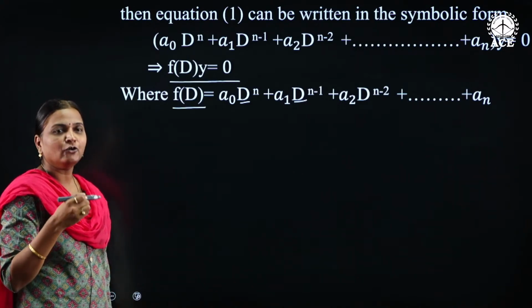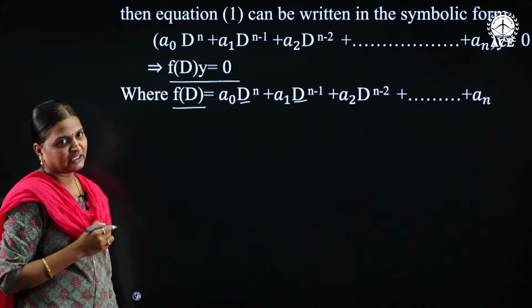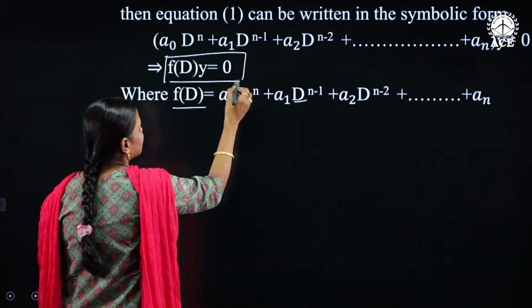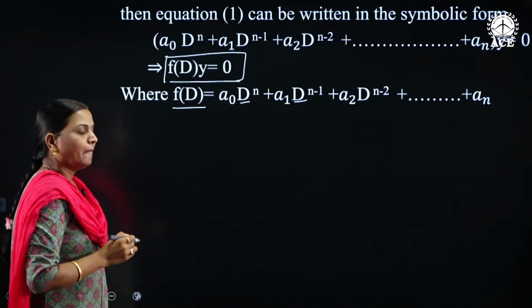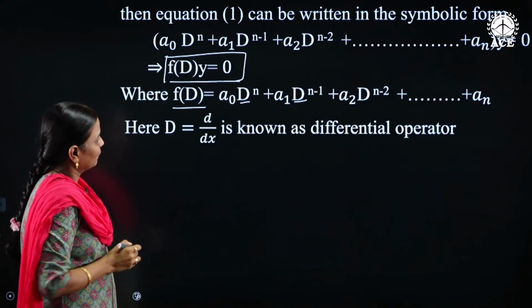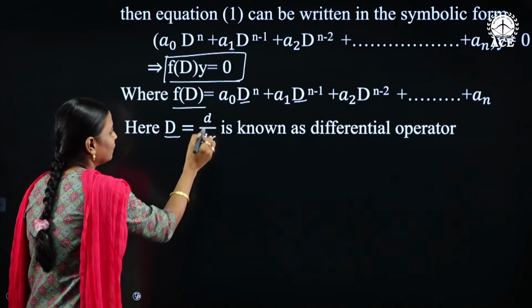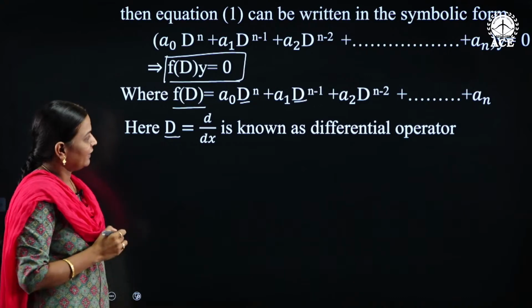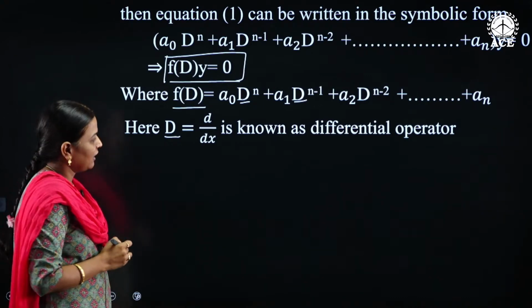Now, simply, how do we denote the linear homogeneous differential equation? F of D into y is equal to 0, where f of D is a polynomial in D. Here capital D equal to d by dx is known as the differential operator.